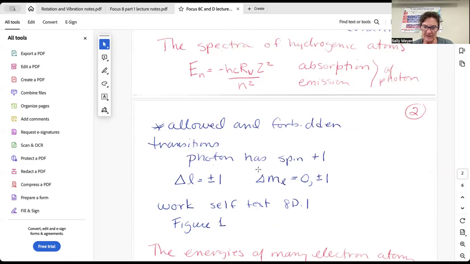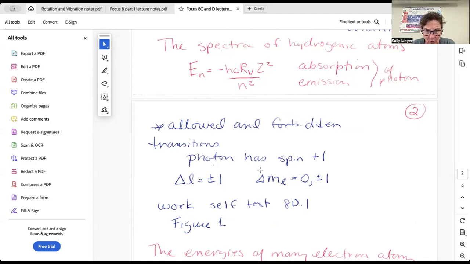So the most important one to think about is delta l equals plus or minus 1. And delta m sub l can't be bigger than plus or minus 1 because then you would be adding or subtracting more than 1 unit of angular momentum.